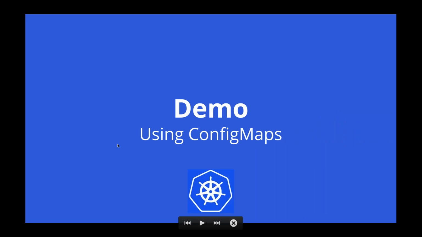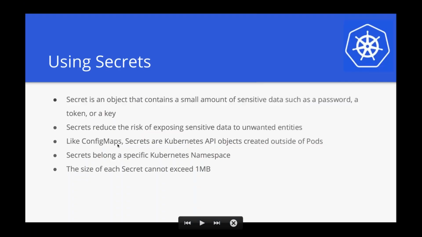Now let me take you to secrets. Technically, secrets came in before config maps. In terms of Kubernetes feature pipeline, secrets came in just before config maps were introduced. But there is a lot of similarity between secrets and config maps. And I thought I would first talk to you about config maps and then set the context for secrets, because they are very similar.